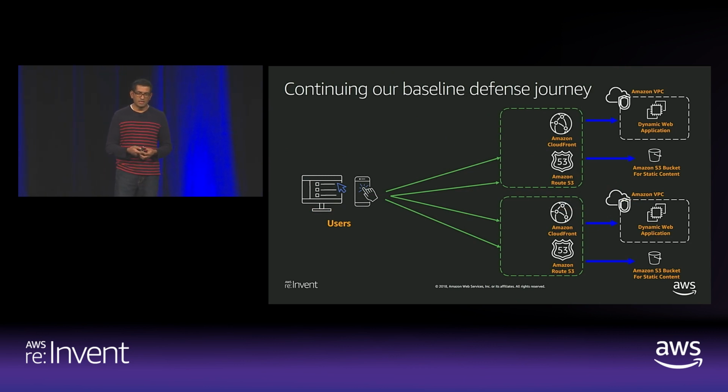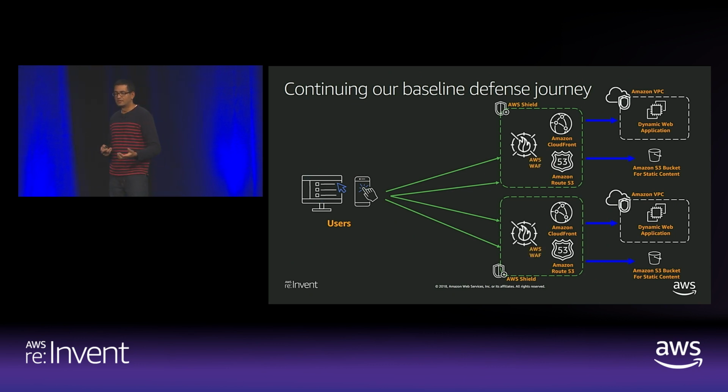So, adding on some of the security and compliance tools that we talked about, WAF and Firewall Manager in particular. If you look at this picture, this is representing two different accounts, so multiple accounts. If you look at just the top right, it'll look familiar to the picture we saw earlier. But representing multiple accounts, we added Shield to CloudFront and Route 53 to those boxes.